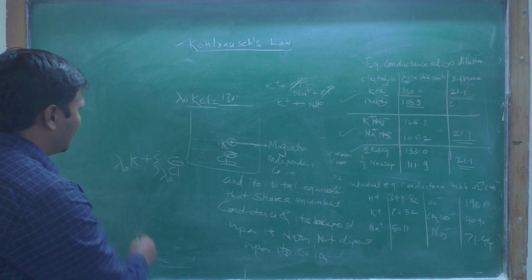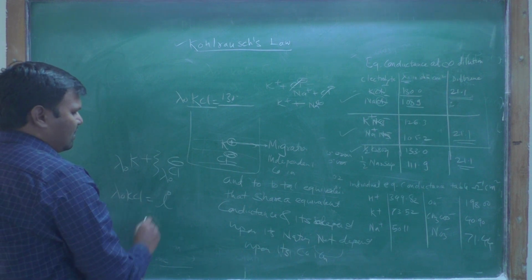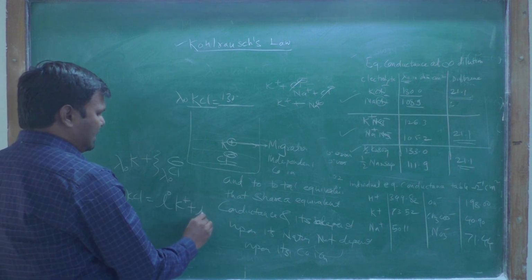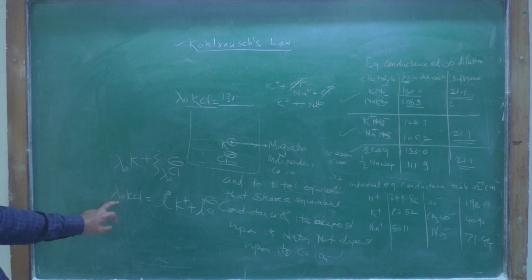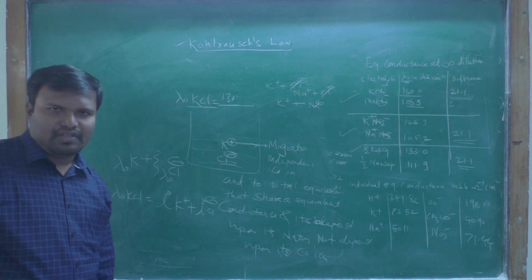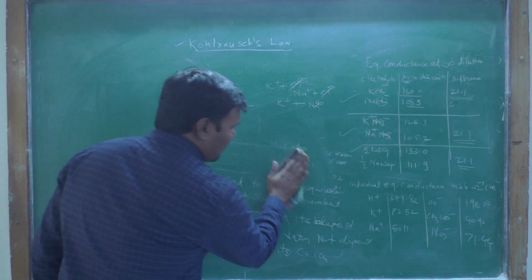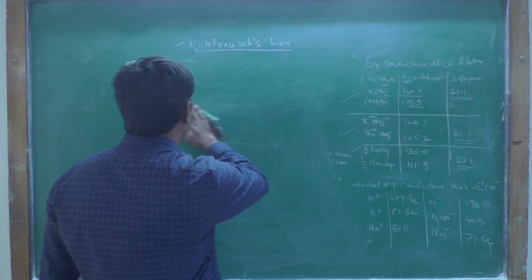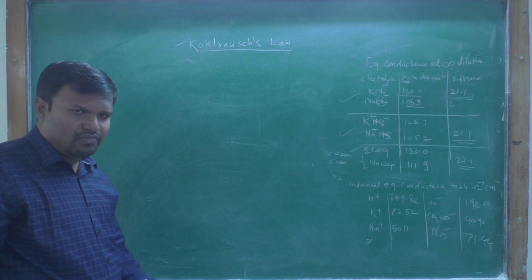Therefore, when you calculate lambda 0 for KCl, you can take lambda 0 for K plus and lambda 0 for Cl minus, and by summation you obtain the equivalent conductance of KCl. This is the law of Kohlrausch. It is useful for finding the limiting value of lambda for a weak electrolyte.